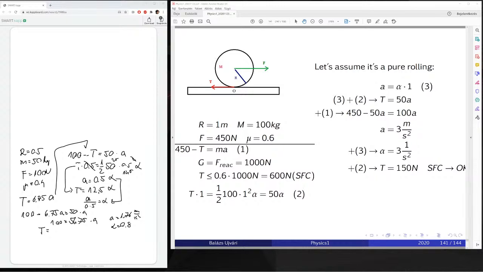So 6.75 times 1.76 times 6.75. This is about 12 Newton. Can it be smaller than or equal to mu times the weight, which is 500? That's 200. That's definitely smaller than the maximum value of static friction.